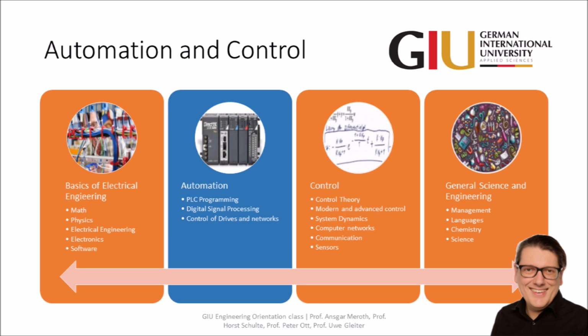Now, the automation and control program has the same structure as the program before. We have 4 areas. The first area is general science and engineering, the same courses as the other programs. And on the left hand side the basics of electrical engineering, the same as in electrical power system engineering. We have math, we have physics.